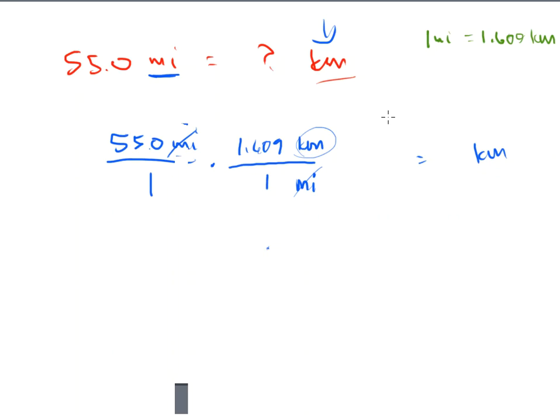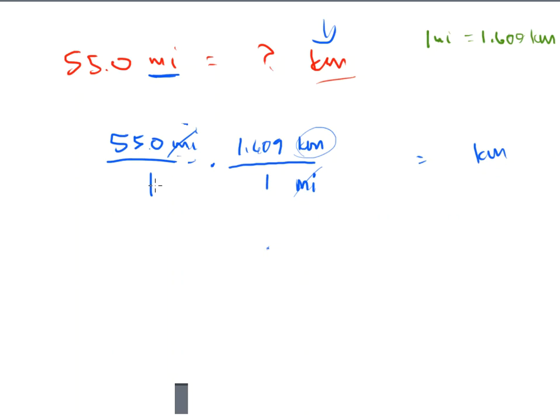So when I begin to look at this math step now, what it looks to me is that I'll take 55 divided by 1, and then I'll multiply that by 1.609 divided by 1. Well, let's simplify this down. 1 times 1 is going to be 1 no matter what you do with it. And anytime I take a number divided by 1, I'm going to keep that number anyway.